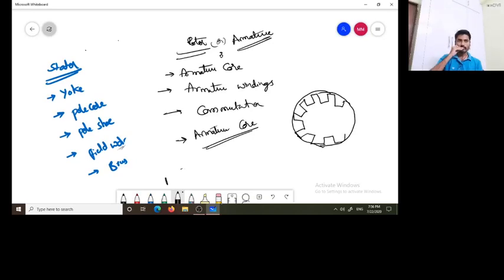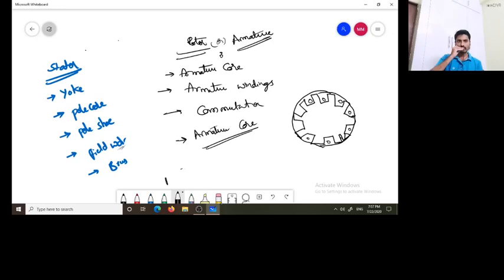In this shape, slots will be there. These are called open type slots or closed type slots, and there are also semi-enclosed type slots, in which the conductors are placed like this. That means the armature winding is wound on these slots.